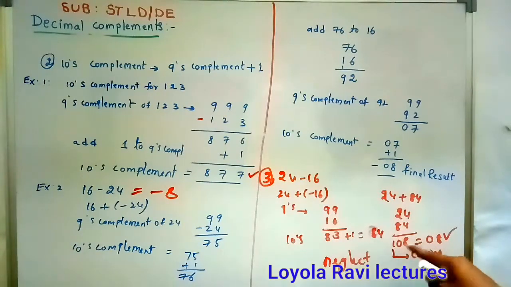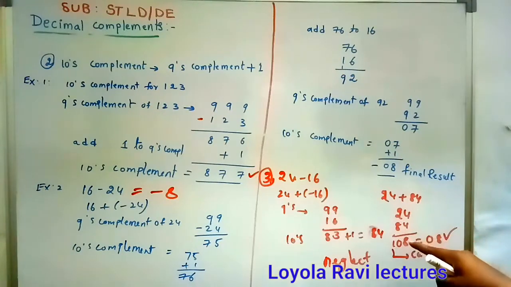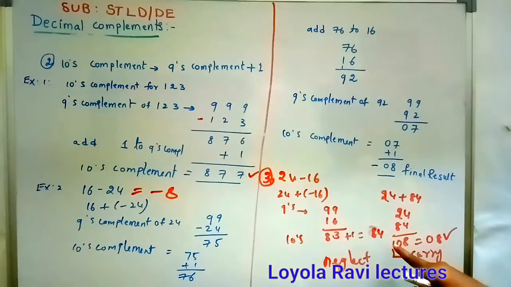Here I am getting 3 digits. 24 and 84 are 2 digit numbers, but I am getting a 3 digit number. If we have a third digit, that is a carry, and we have to neglect it. In 10's complement, we have to neglect the carry. In 9's complement, we have to add the carry to the LSB, this 8. So here in 10's complement, this one is a carry that can be neglected. So the answer is 8.